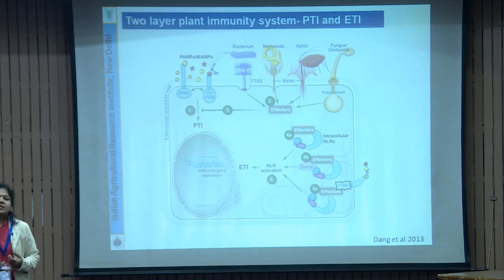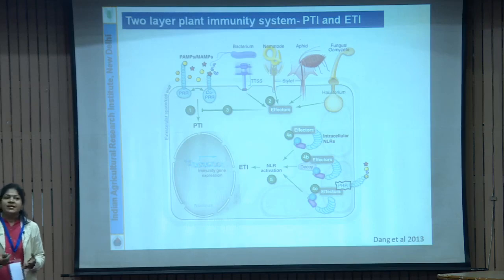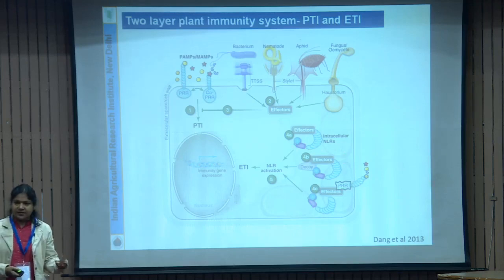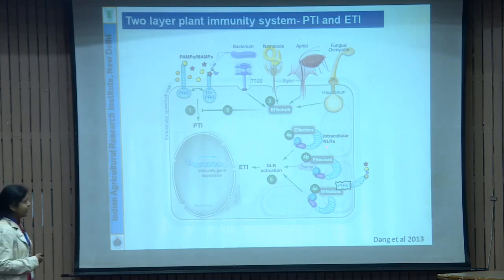Those resistance genes encode NBS LRR kind of proteins, in most R gene cases. Those NBS LRR proteins are commonly known as NLRs. We call them NBS LRR like receptors or proteins. Here it is represented by NLRs. Those NLR proteins interact with the effector proteins produced by the pathogen.